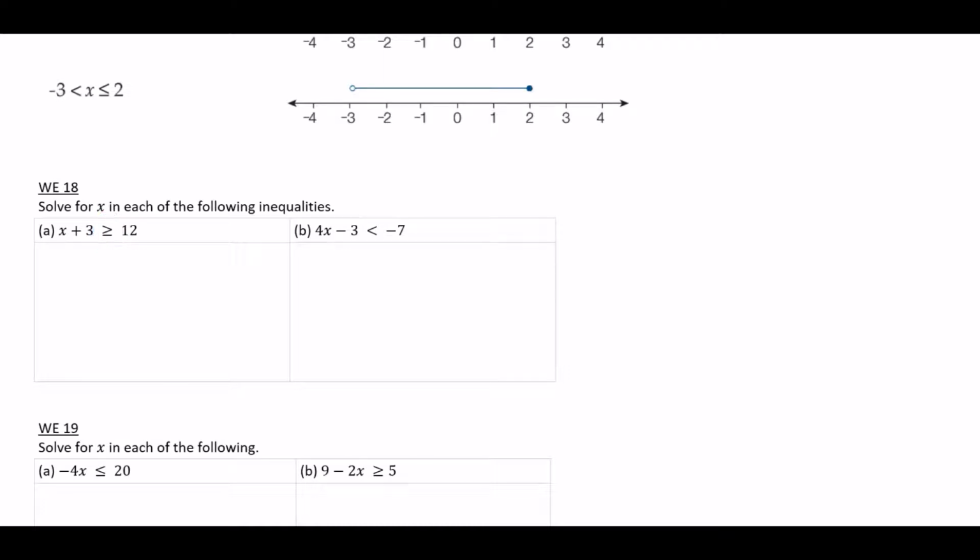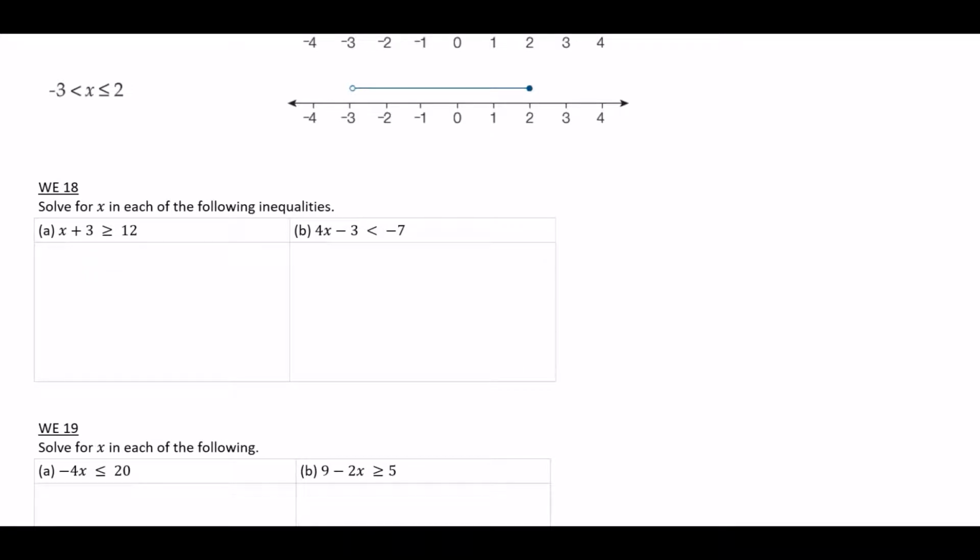If I multiply both sides by -1, then it would be -x minus 3, and I have to flip this, so it would be greater than or equal to -12. And depending on the value of x, that would hold true, but we'll see what we get in the end.